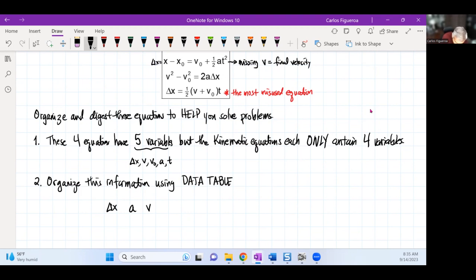And I typically write this as V2, V1, and T. So when I look at this, this is my data table.